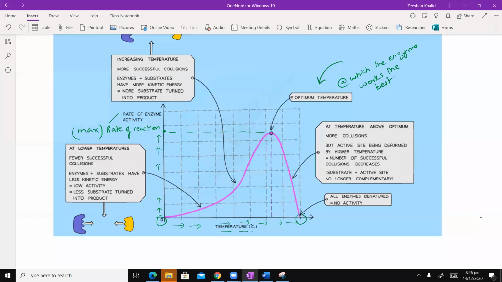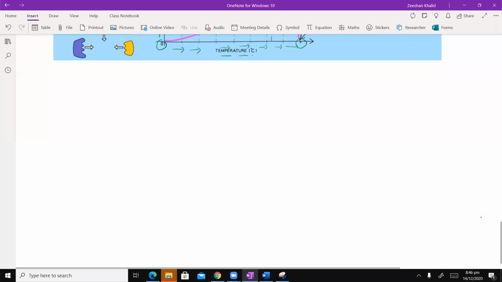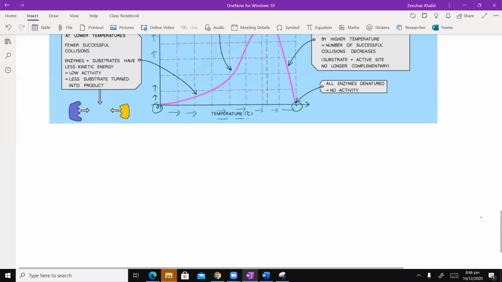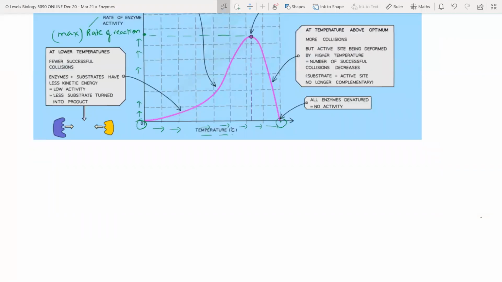Okay. So let me explain. Let me label this graph as different points. So let me choose a color that will stand out. Orange. Okay.